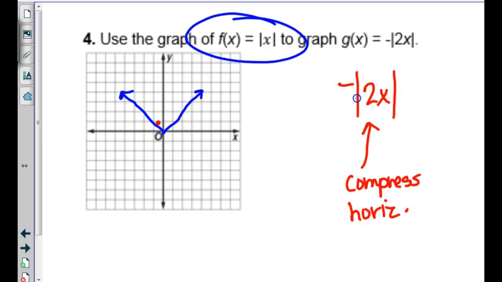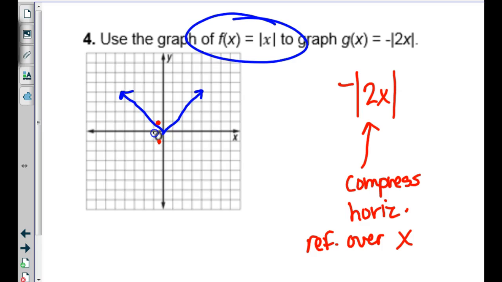Okay, but what else is happening? It's not really going up 1 because it's been reflected over which axis? Okay, hang on. I'm doing vertical. I just described vertical, not horizontal.